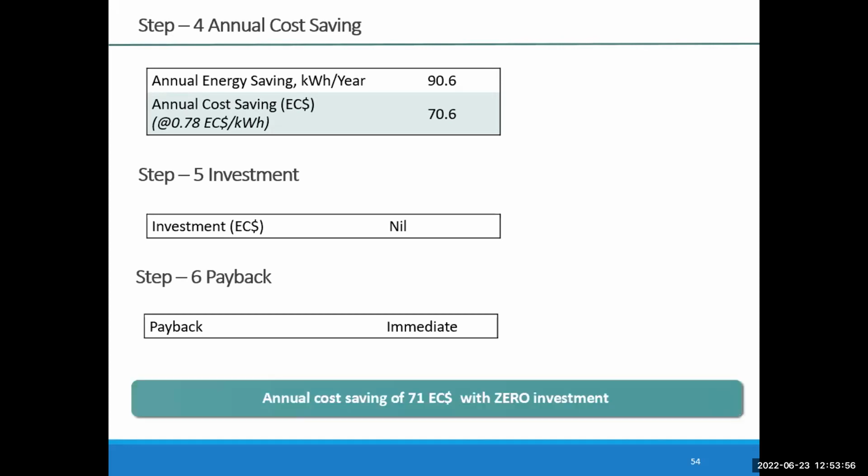So this is one example to show that based on the proper utilization of equipment or behavioral change, you can conserve some amount of energy by reducing the number of operating hours without doing any investment.